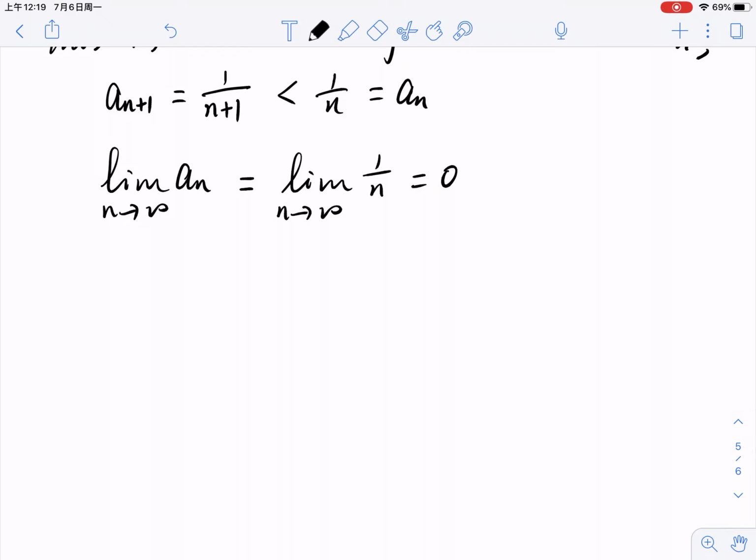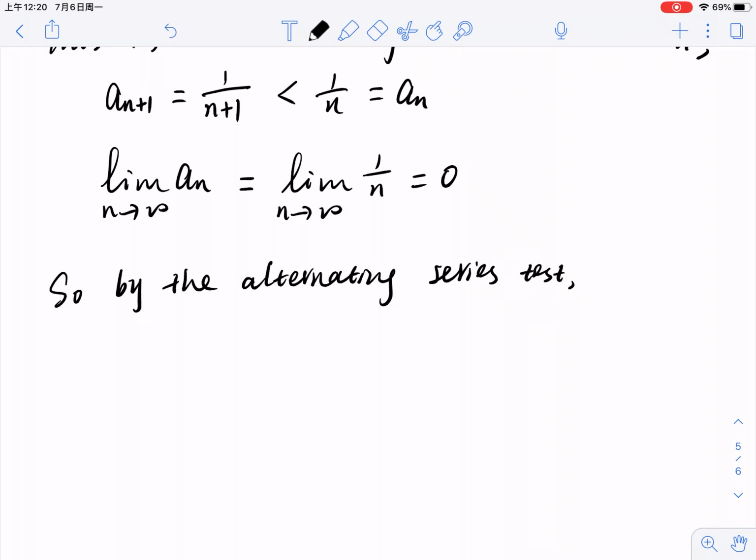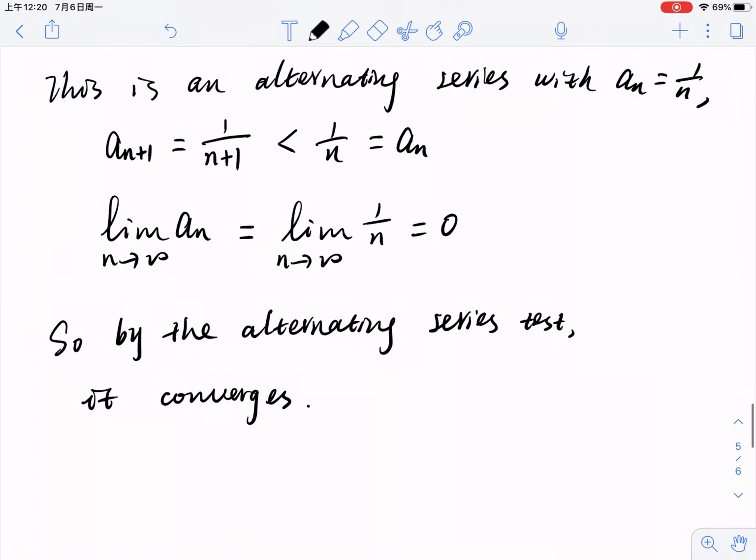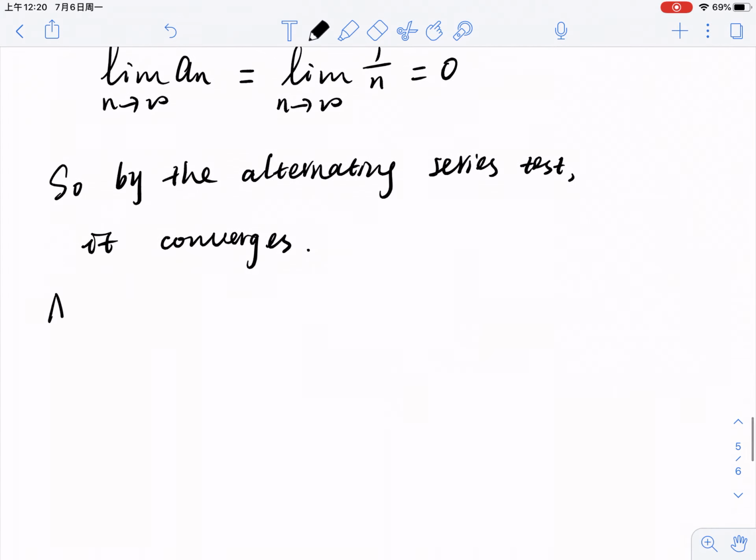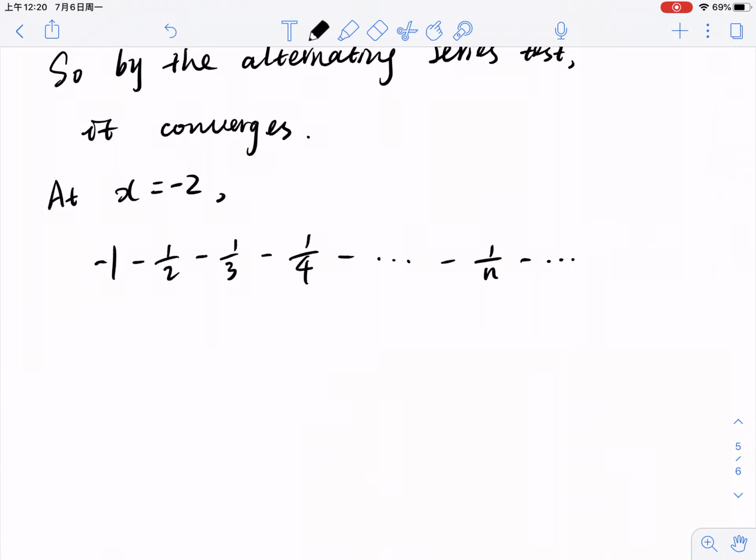So by the alternating series test, it converges at the endpoint x = 4. At x = -2, we have the series -1 − 1/2 − 1/3 − 1/4 − ... − 1/n. This is the negative of the harmonic series, so it diverges.